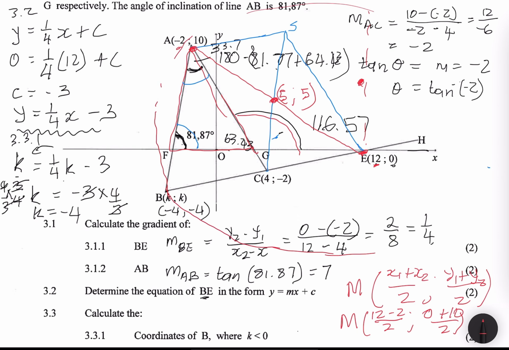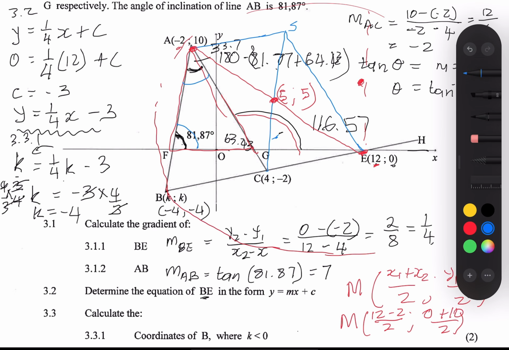If we've got a tangent, let me just draw it in a blue color there. If I've got a tangent there, what do we know? We know that the gradient of line EB will be perpendicular. This is what we call the tangent radius theorem. So at the point of tangency, it means they'll be at 90 degrees to each other.